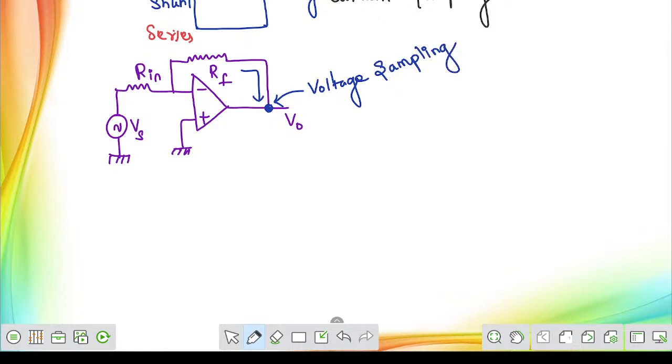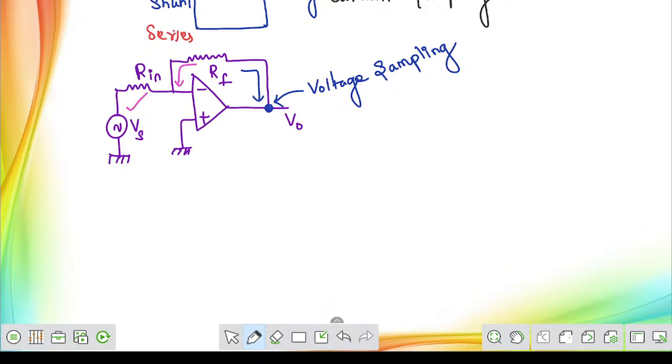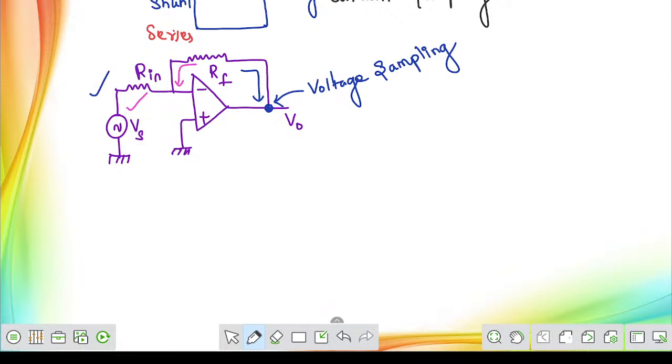Now, cross-examine on the input side what's happening. On the input side, the feedback line is directly connected with the input also. See, this is the input line. If it is directly connected with the input, then that is called shunt mixing.